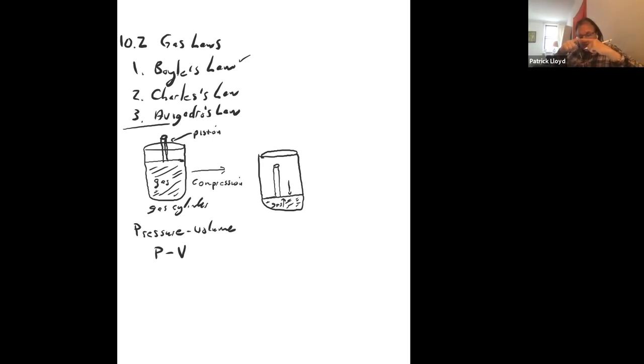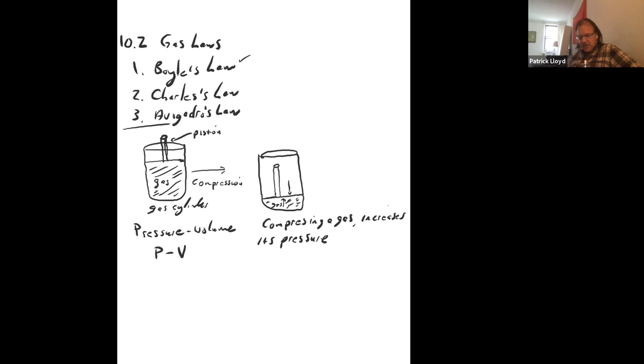So that means the following. If it took more pressure to get it compressed, the pressure on the inside is going to be greater than it was at the beginning. So that leads us to the following relationship. Compressing a gas increases its pressure.